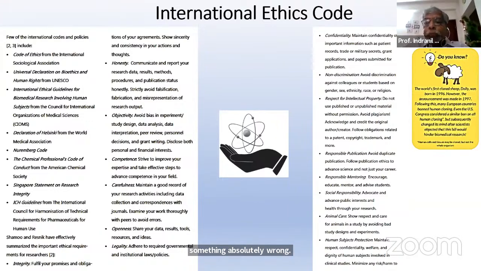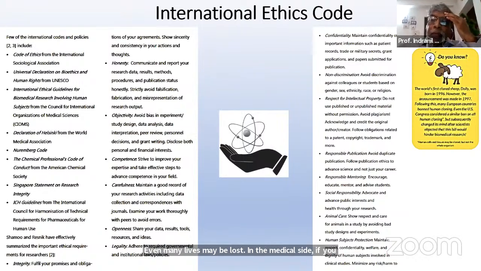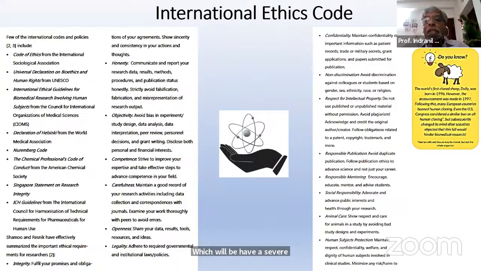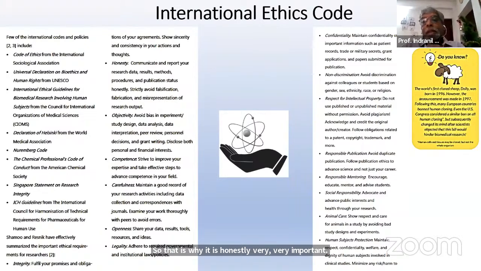In a medical trial, if you misrepresent, if you do something wrong, then scores of lives may be lost, which will have a severe detrimental effect. And then people will start losing their faith in researchers. So that is why honesty is very, very important. Report to the extent you can, but then let other people judge. That is why it is very important that you go to good peer-reviewed journals.